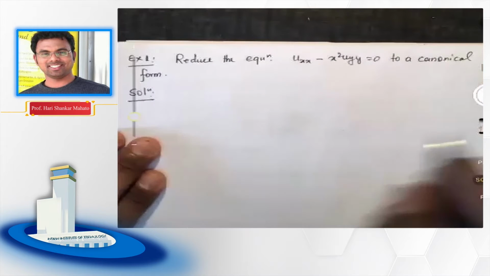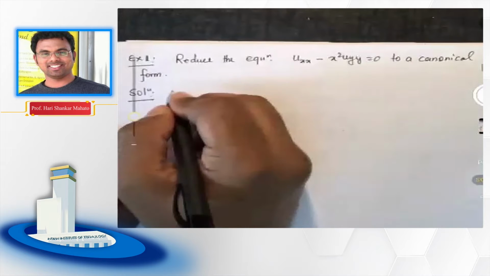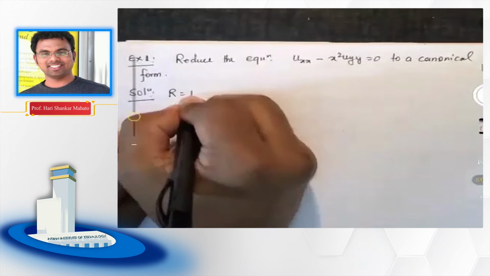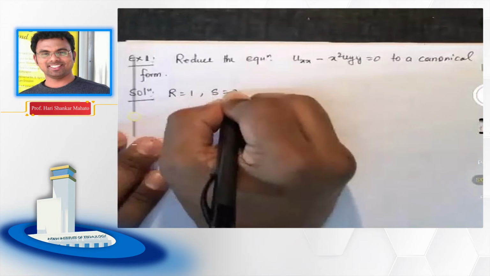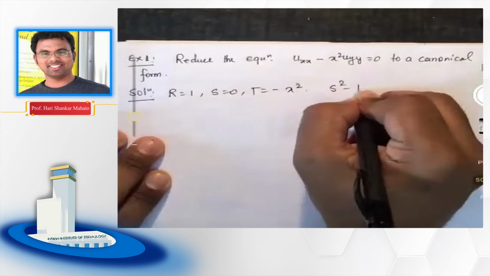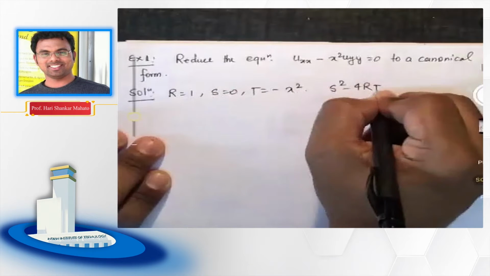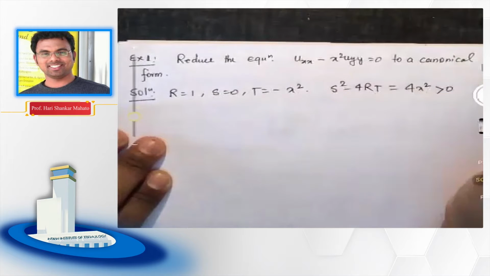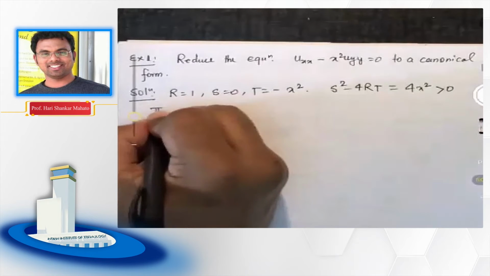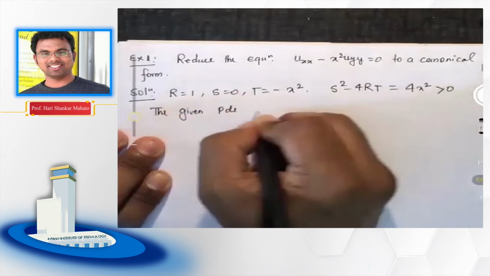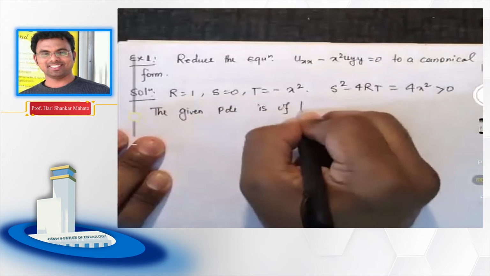In order to do so, we can compare it to the general form of the semilinear PDE, which I wrote at the beginning of this class. And we will identify R as 1, S as 0, and T as minus x square. So I can calculate my discriminant, which is S square minus 4RT. And this is nothing but 4x square, which is positive, right? So then the given PDE is of hyperbolic type.